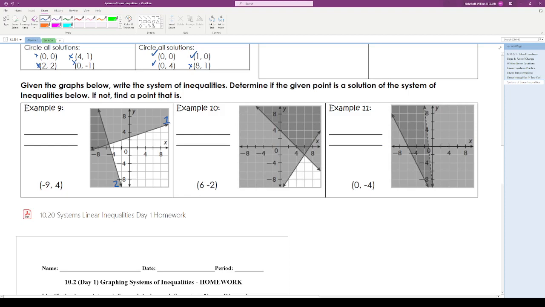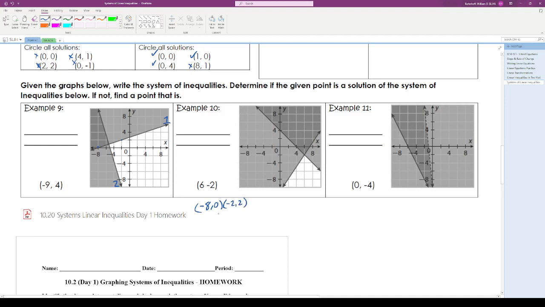We probably need to go off of this point at negative 8, 0, and this point at negative 2, 2 to find out what our equation is. So let's do that in our blank space over here. So we have negative 8, 0, and we have negative 2, 2.